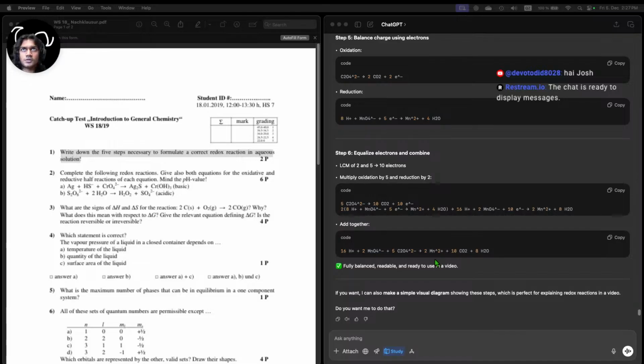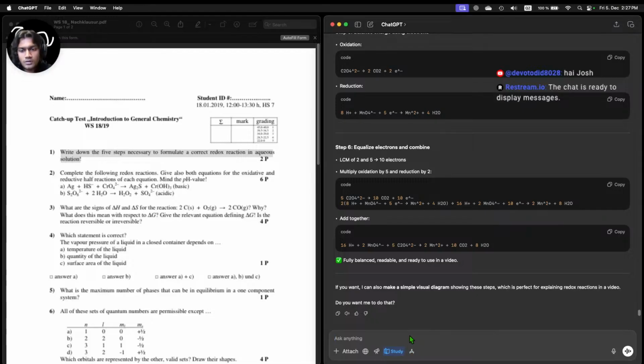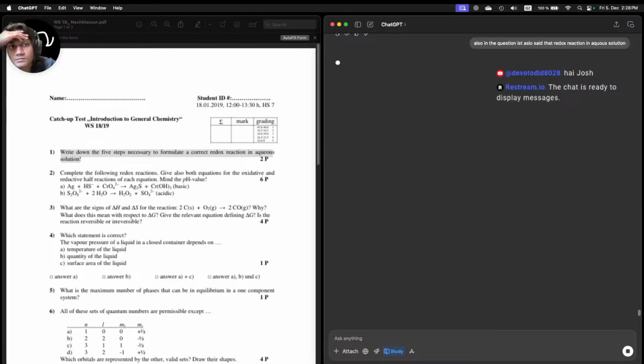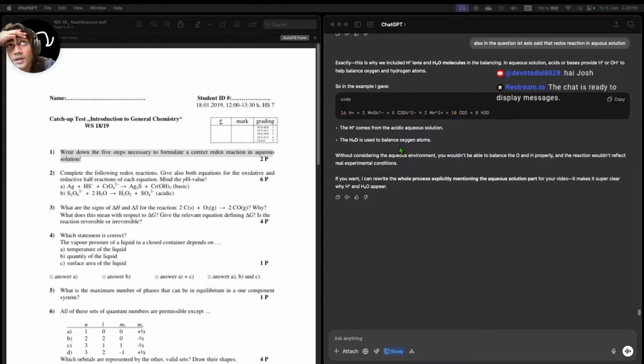Five steps are necessary to formulate a correct redox reaction. Now, also, in the question, it's also said that the redox reaction is in aqueous solution.